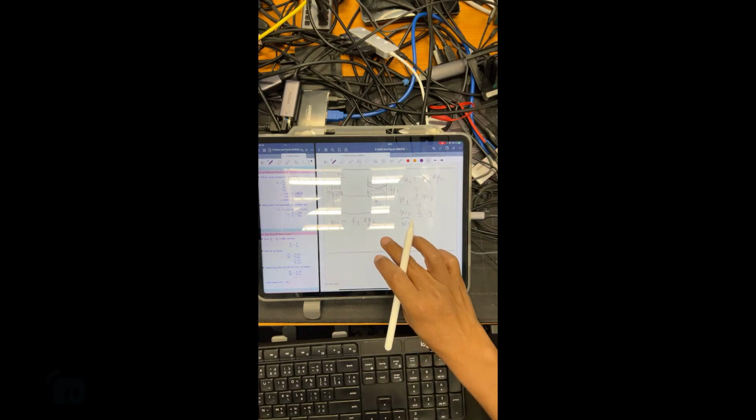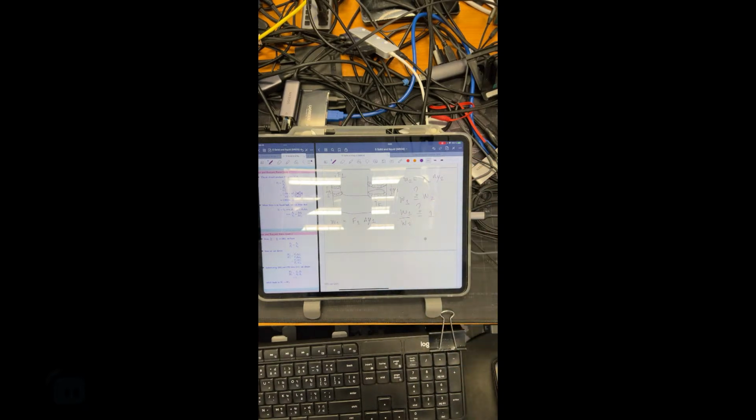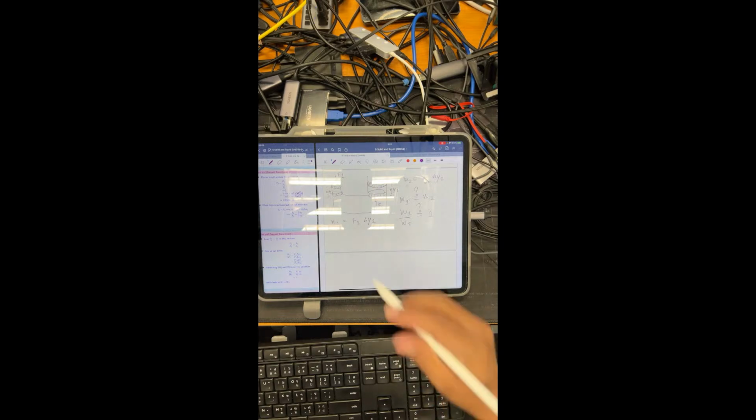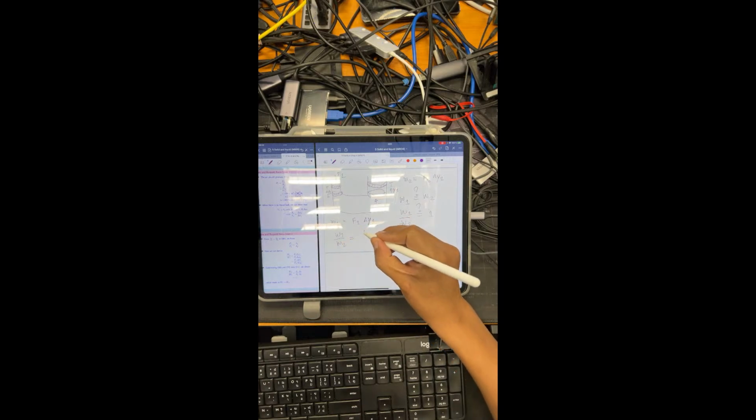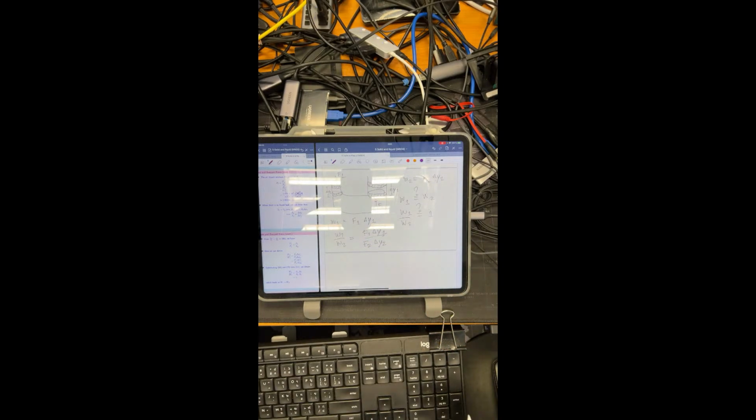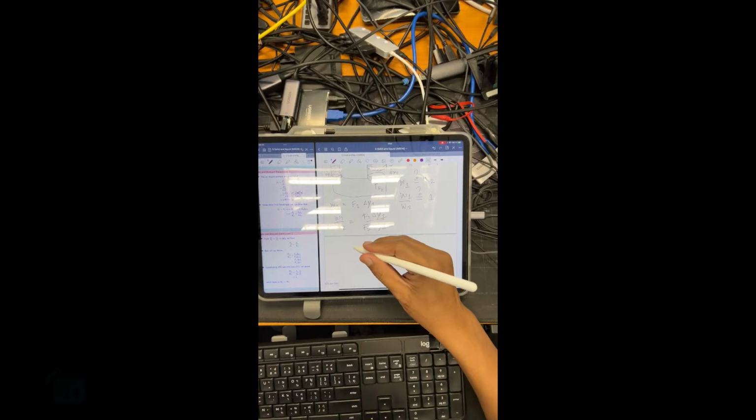Now we start to make the ratio. Divide this equation by this one. If both are equal to each other, W1 over W2 is F1 delta Y1 divided by F2 delta Y2. Now let's go further down.